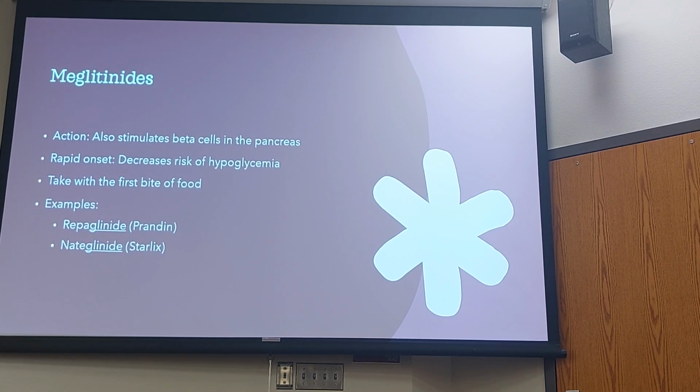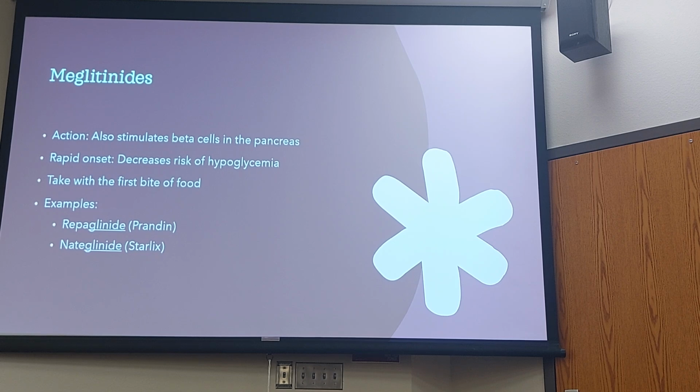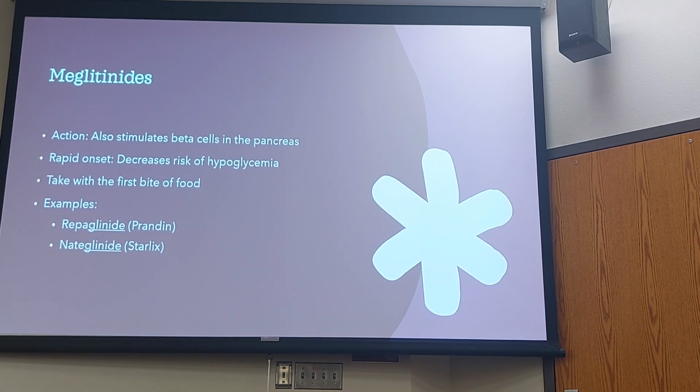So the meglitinides, or glinides. This is another, very similar in that it also stimulates those beta cells in the pancreas. The difference here is this one's taken with the first bite of food, so it's directly acting with that glucose spike at the same time that you're eating.